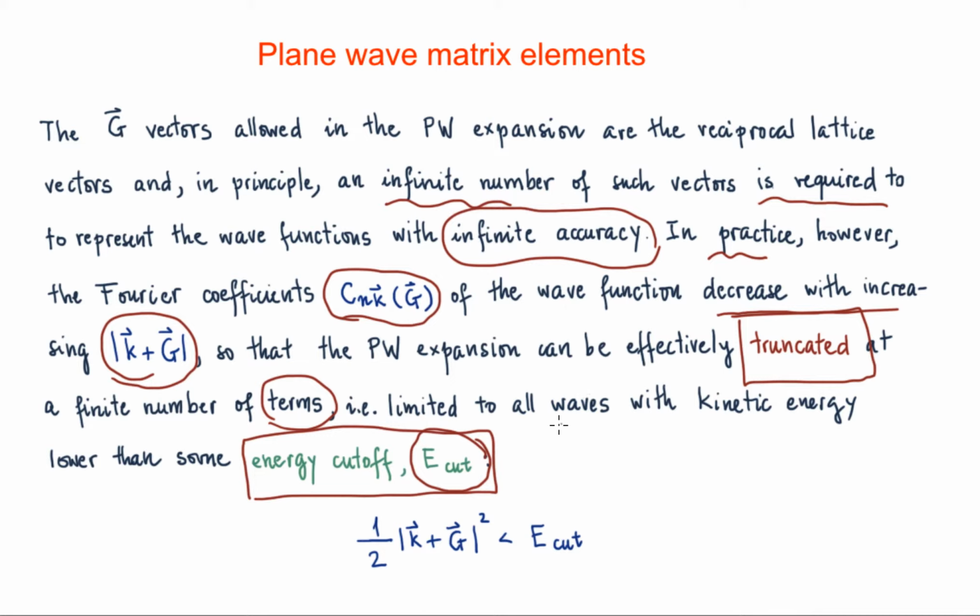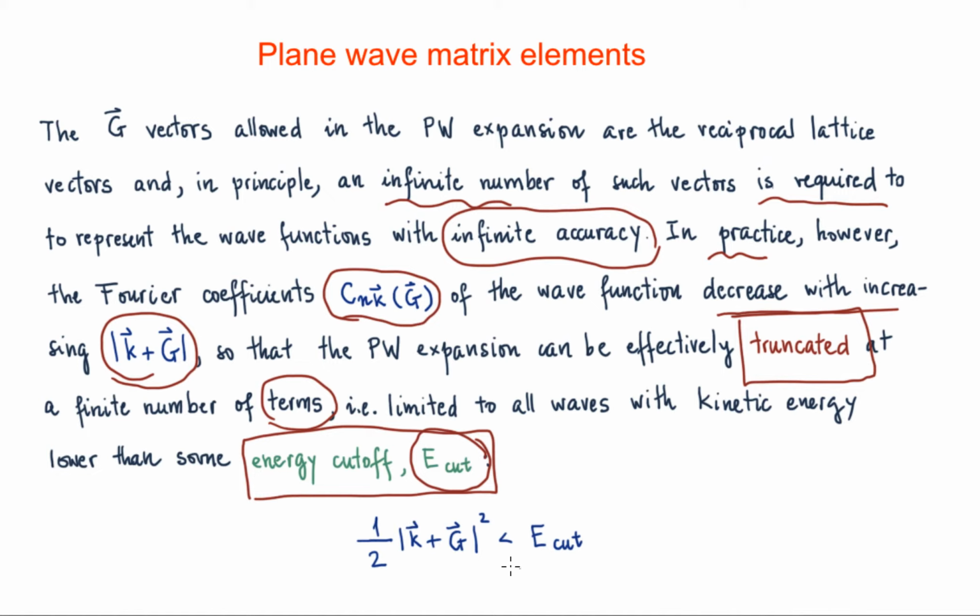So it's going to be a compromise. You have to take into account what accuracy you need in order to describe the physical properties you want to describe, and from that consider which energy cutoff you might need. But in a practical way, you have to specify the energy cutoff you will consider in order to make the dimension of the matrices finite.